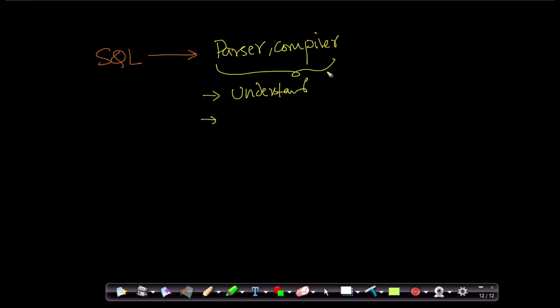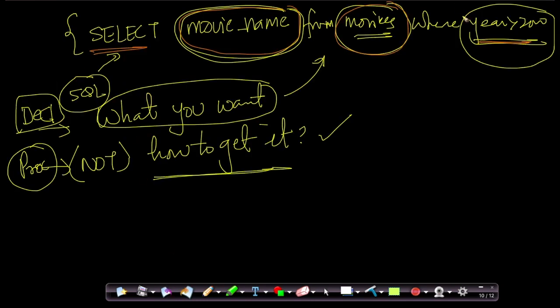Once it understands the query, parsing tries to break your SQL statement into smaller components. For example, it will say, okay, it wants data only from the movies table, and it only wants the column movie name, and it wants this wherever the year is greater than 0.